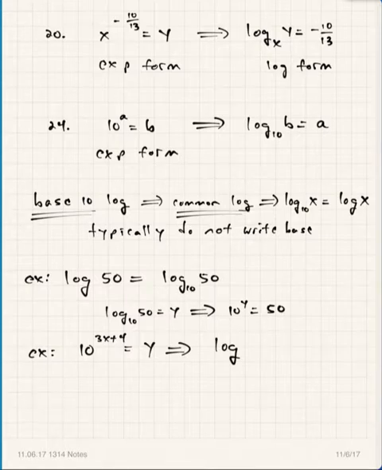I just write log of 3x plus 4 is equal to, yeah, that's actually backwards. Sorry about that. So this is going to be 10 to the y is equal to 3x plus 4. That's better. Remember, the logarithm is always equal to the exponent. And so that would be the short notation for 10 to the 3x plus 4 equals y. That would be the log form, or the log notation for that.